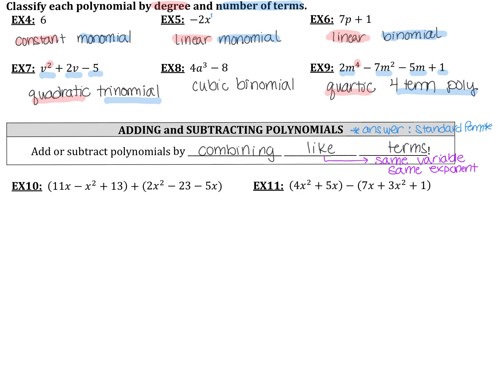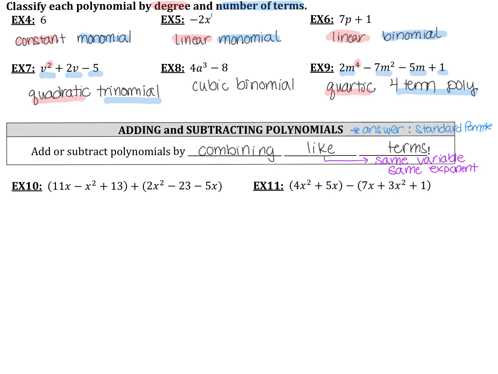It should come first. But I see 3 terms, and the highest degree is 2. This would be a quadratic trinomial, much like example 7. And so too would be the second part, 2x squared minus 23 minus 5x. I have 3 terms, and my highest degree is 2, so this is also a quadratic trinomial.